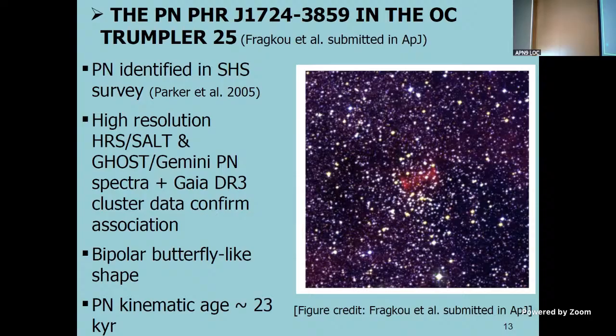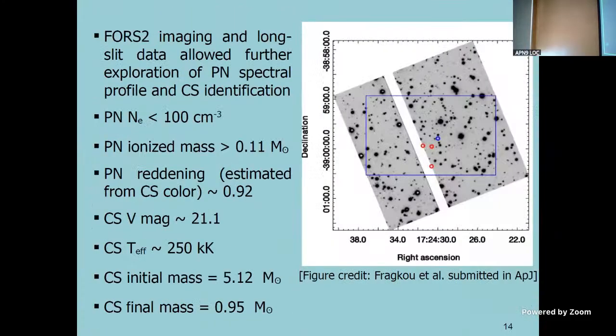High resolution HRS from SALT and GHOST from Gemini planetary nebula spectra combined with Gaia DR3 cluster data allowed us to confirm their association. The nebula has a butterfly-like shape, as you can see here in the SHS image. And its kinematic age was found to be around 23 kiloyears.